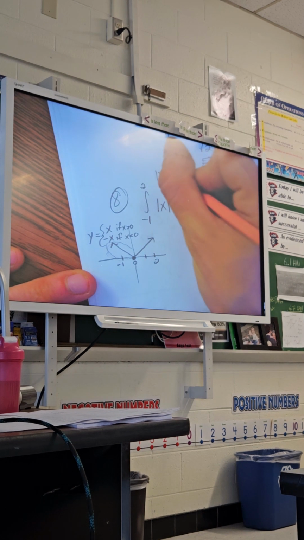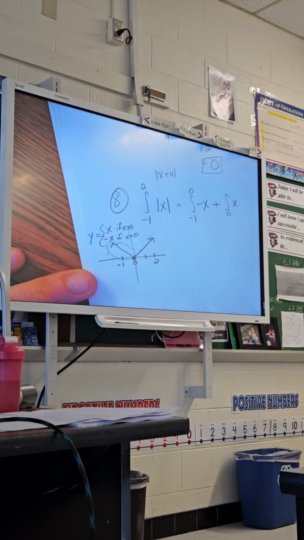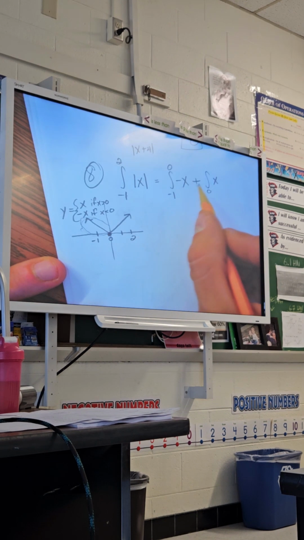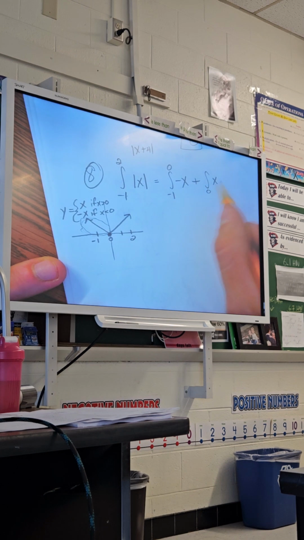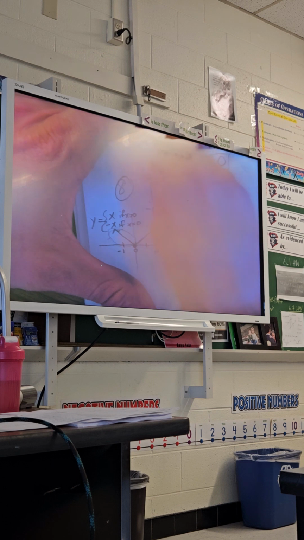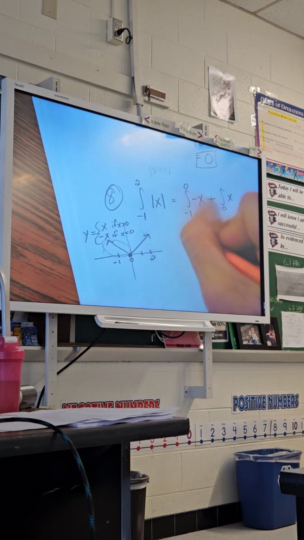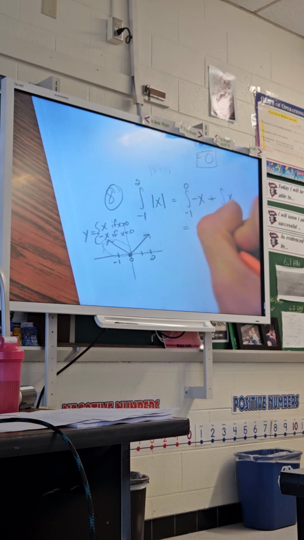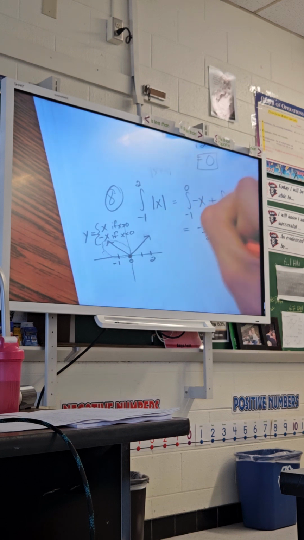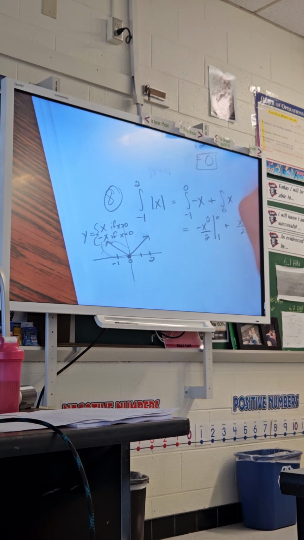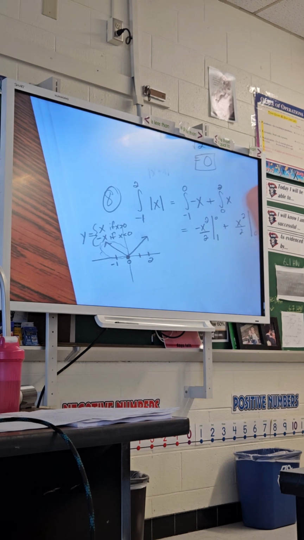If it was like absolute value of x plus 4, what have you, there would be one side where you have negative x minus 4, and then positive x plus 4. Every time. Pretty nice. So I have what? Negative x squared over 2 from 0 to 1, and x squared over 2. I forgot to put the upper limit in there, from 0 to 2.